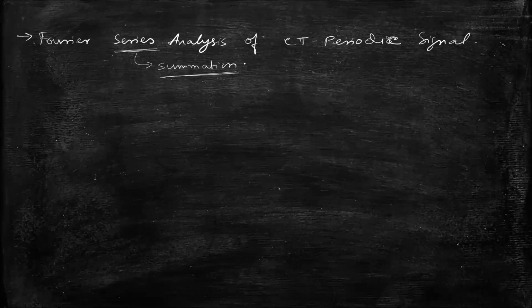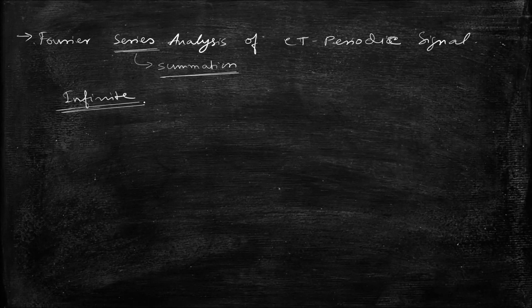Now Fourier means a representation of a signal in terms of sine and cosine functions. Series means it is the summation of, listen carefully, it is infinite.